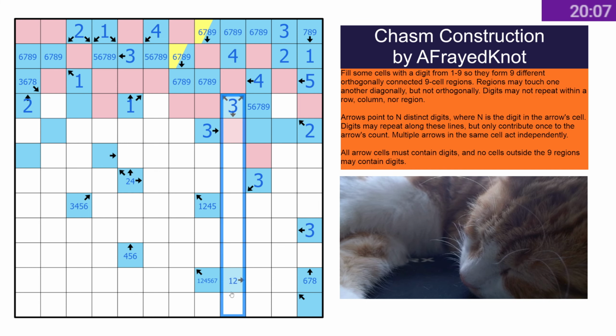This 3. Sorry, I've got myself a little stuck again. And I mean, if that's 2, then at least one of those is pink. Which, what does that say?